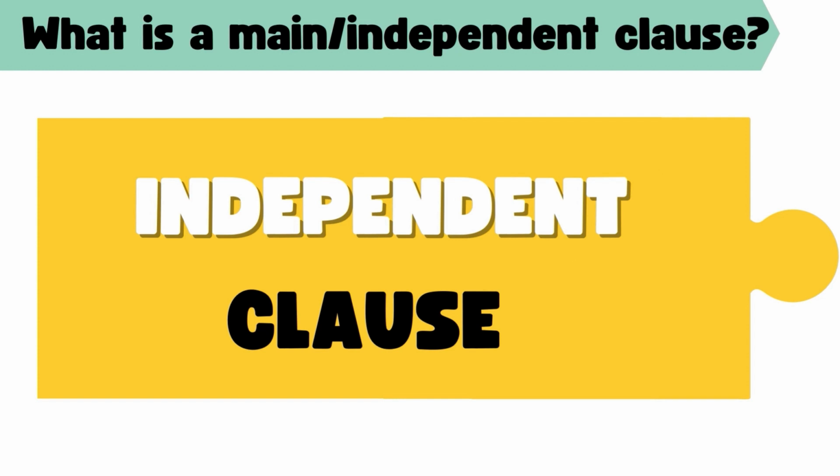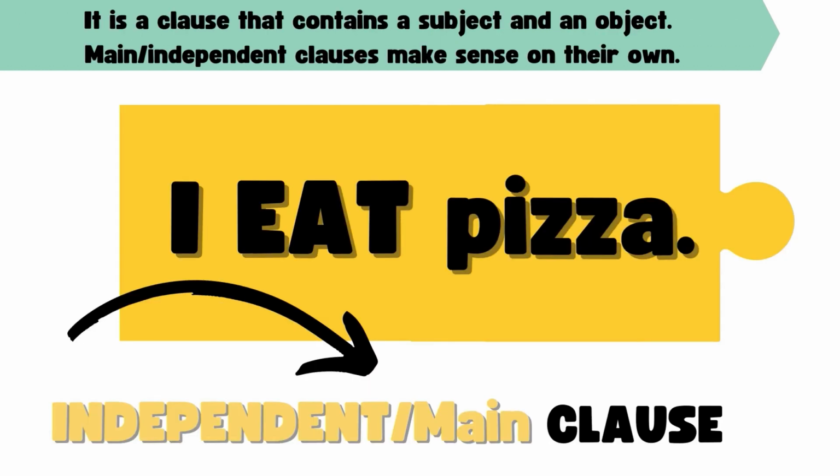So an independent clause can be a sentence all by itself. It is a clause that contains a subject and an object. It's the main or the independent clause that makes sense all on its own.